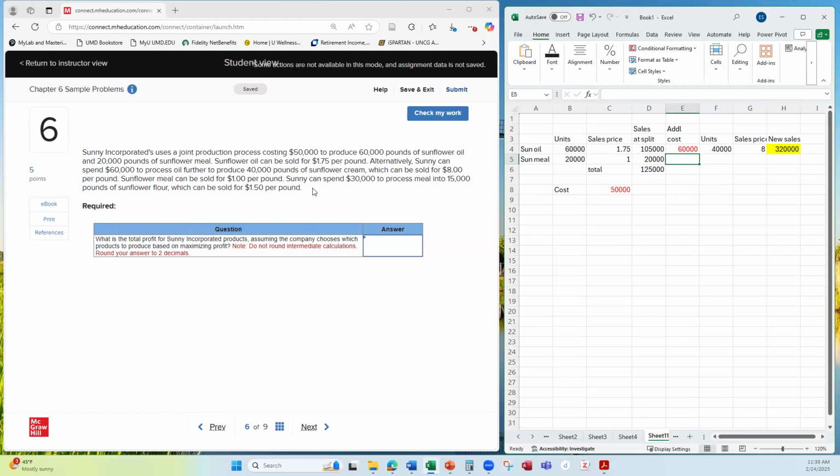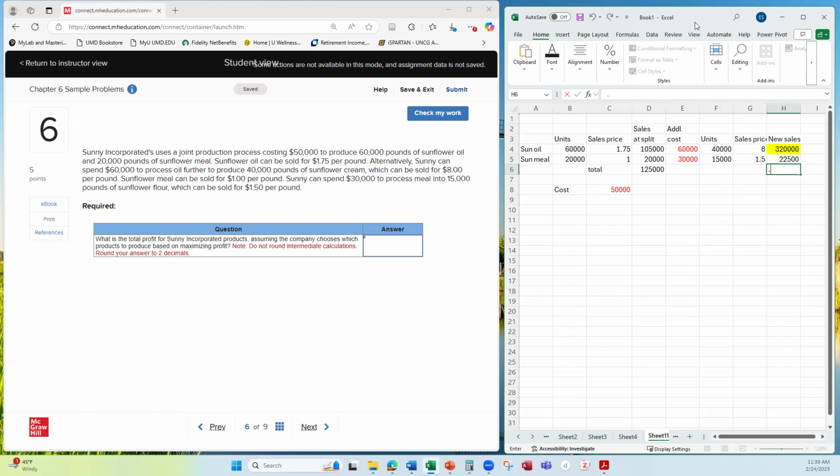And then the sunflower meal, we could spend an additional 30,000 here if we wanted to, and that would get us to 15,000 pounds of sunflower flour. That's a mouthful, sunflower flour. And that can be sold for $1.50 a pound. So the new sales here would be 15,000 times $1.50, which would be 22,500.